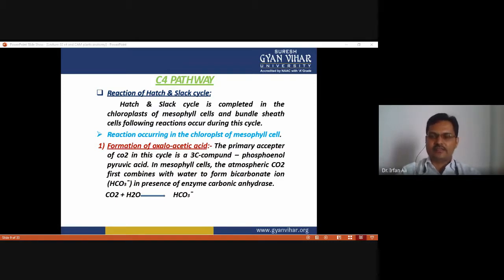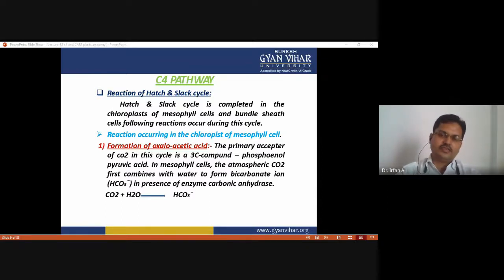In this reaction, the primary acceptor of carbon dioxide is phosphoenol pyruvic acid, PEP, which is a three carbon compound and the substrate for PEP carboxylase. In the mesophyll cells, atmospheric carbon dioxide first combines with water to form bicarbonate ion in the presence of the enzyme carbonic anhydrase.